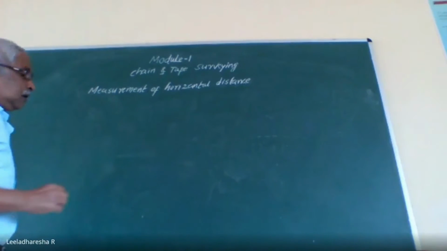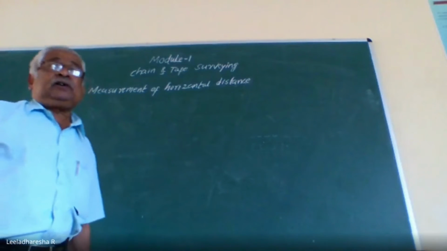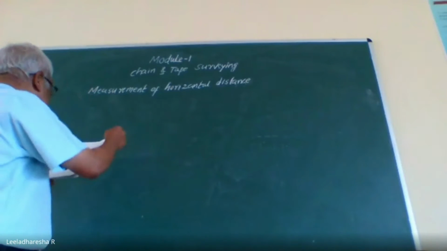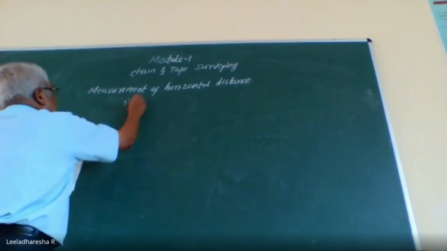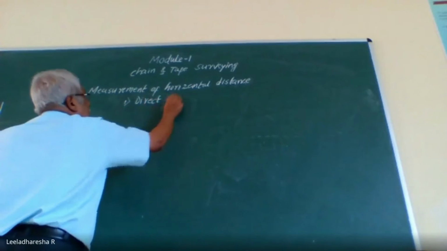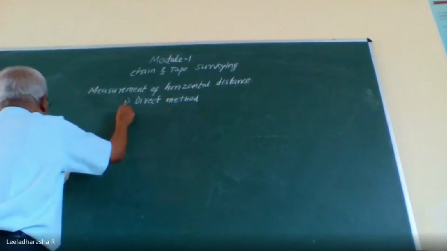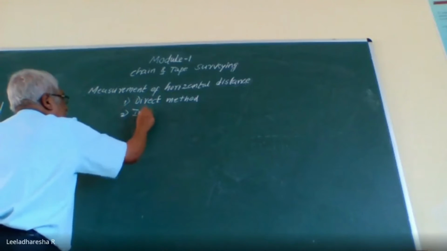So for this we need to measure the horizontal and vertical distances. So now there are various methods which are very commonly adopted for measurement of horizontal distances. These methods are classified as below. One is direct method. Second one is called indirect method.